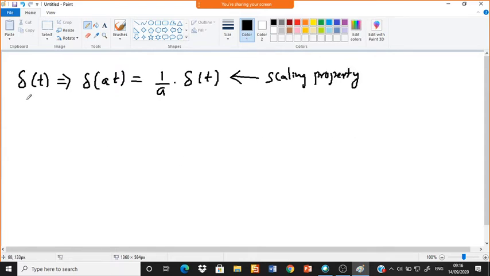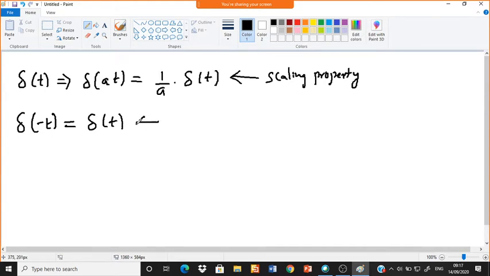So this is another important property, and it is defined like this. You need to be careful while dealing with this impulse function. And another very important property: if you take del of minus t, that is, if you replace t by minus t, again it will give the same signal, which is del of t.